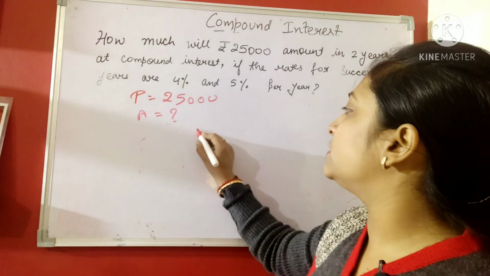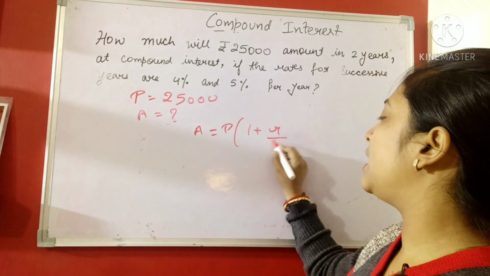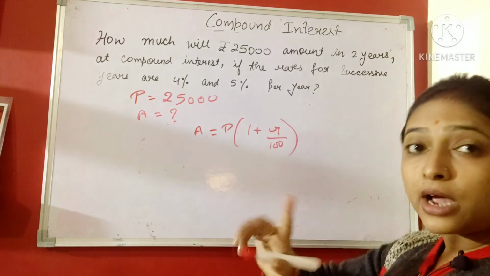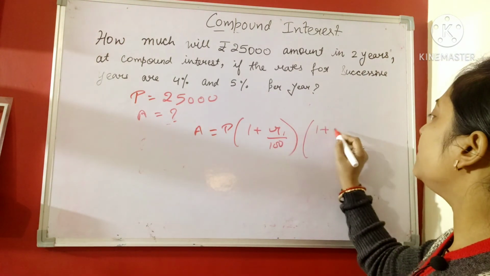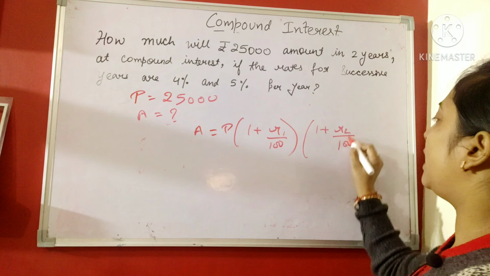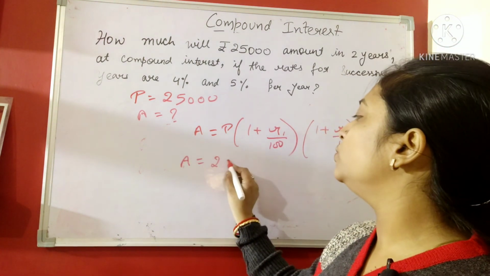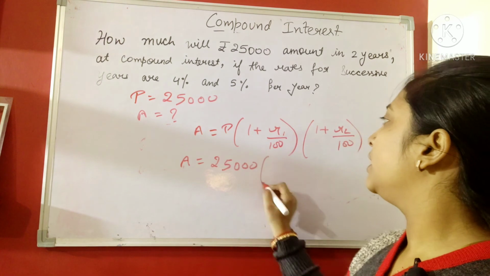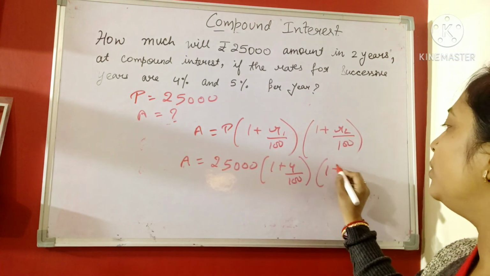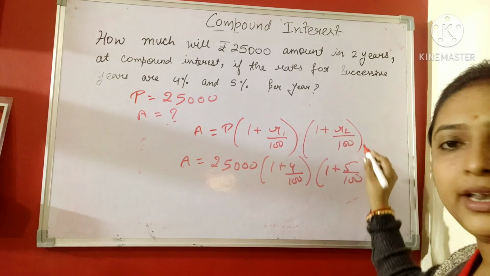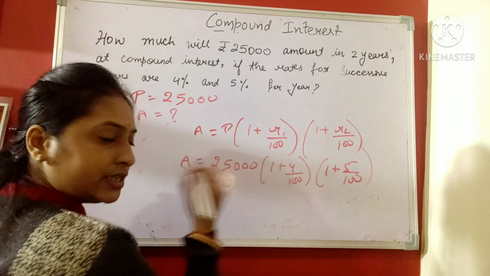So in such cases we apply the formula P into (1 plus R1 by 100) into (1 plus R2 by 100). Now we substitute the values: 25,000, R1 is 4 by 100 and R2 is 5. Now we need to solve it separately.